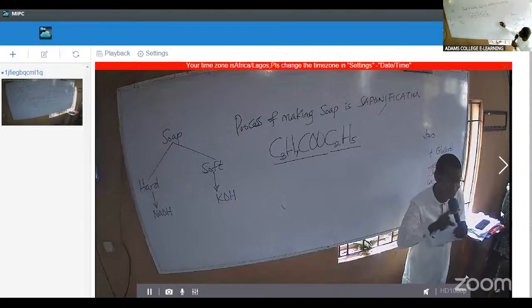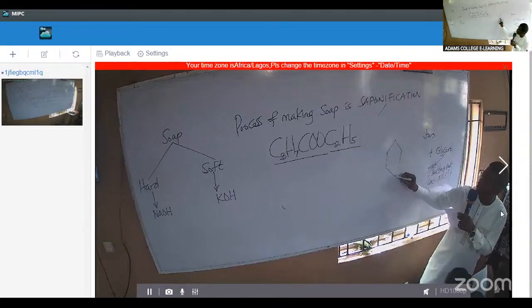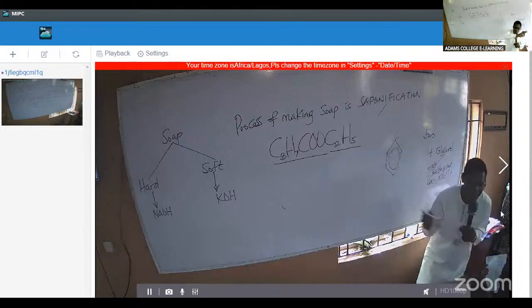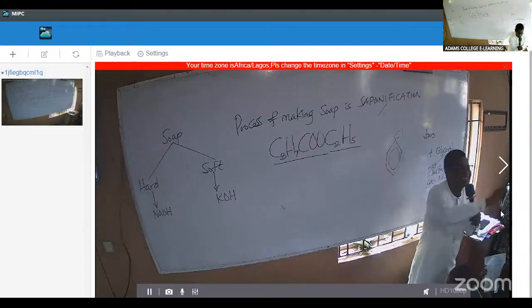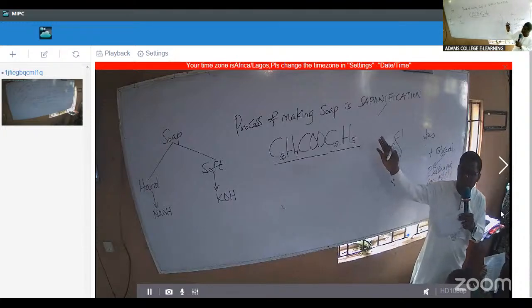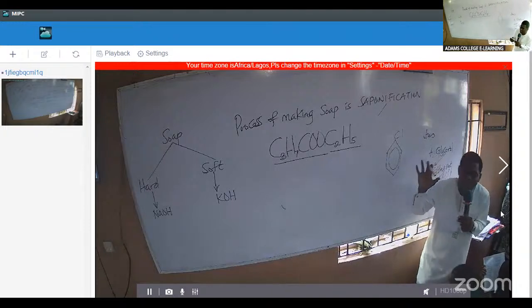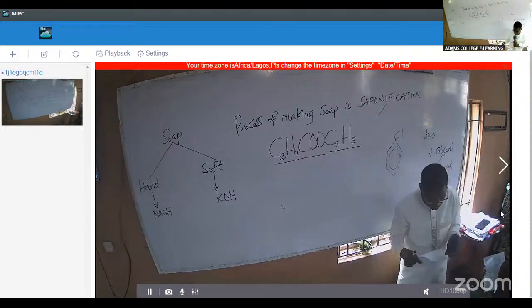It understands that if it undergoes substitution, it will still retain its aromatic structure. But by the time it undergoes addition, that aromatic structure will be destroyed. It will become cyclohexane, no longer aromatic. So it wants to maintain its aromatic structure. That's why it prefers substitution reaction. So the answer is substitution.